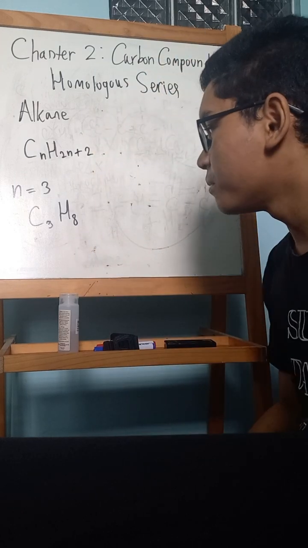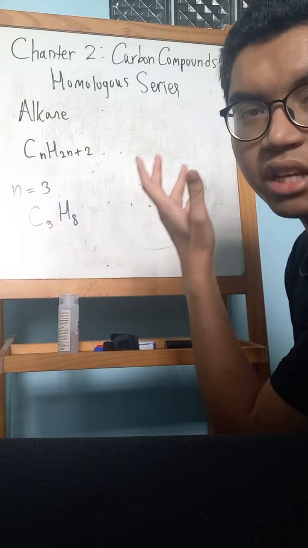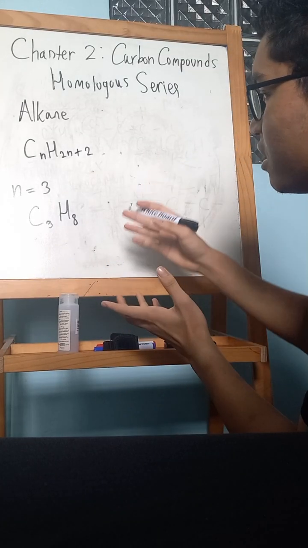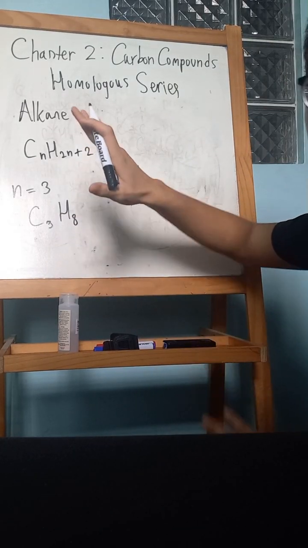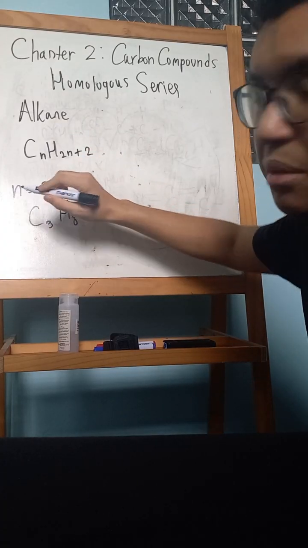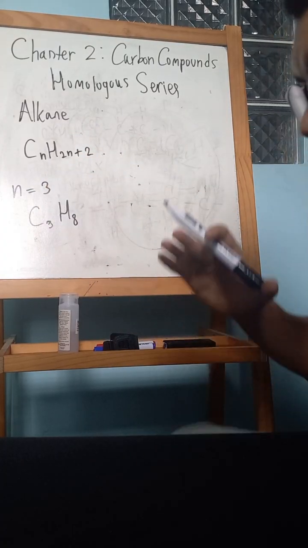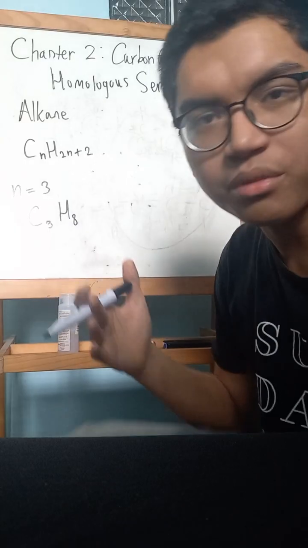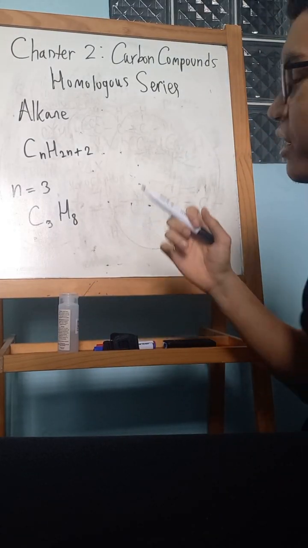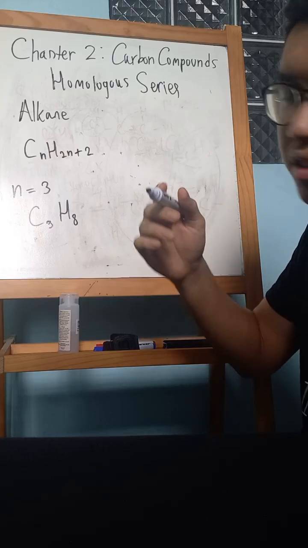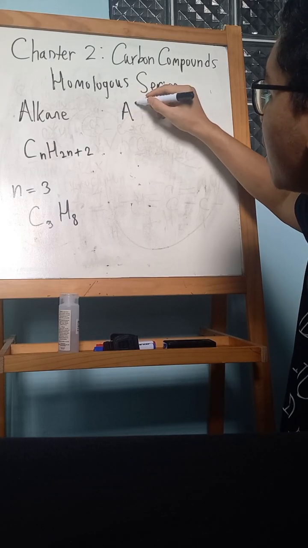So this has a name, but I'll tell you how to name it later. I'm just telling you that this is the general formula for it. And n can be any number. It won't be that big of a number. Okay, this is just the general formula. So here's alkane. The next one, alkene.